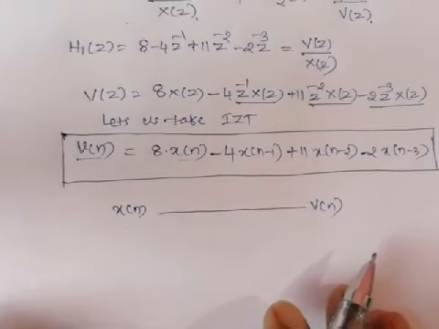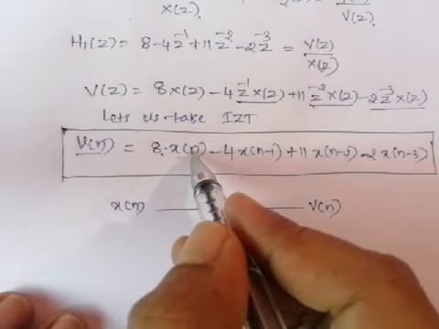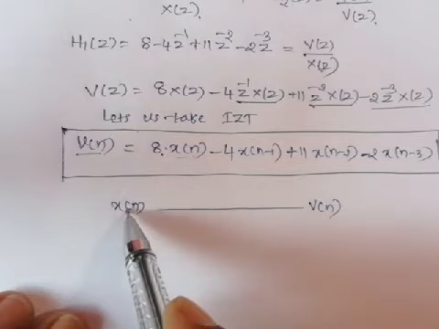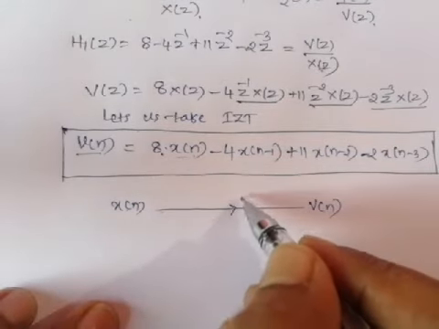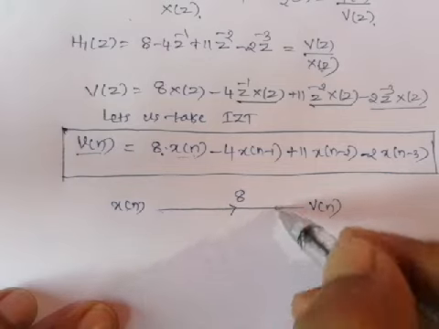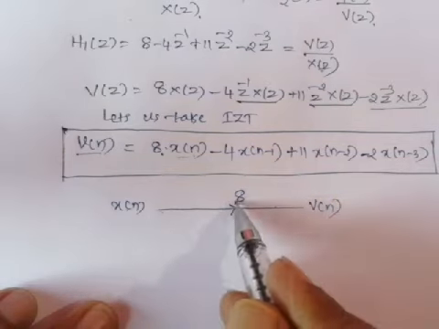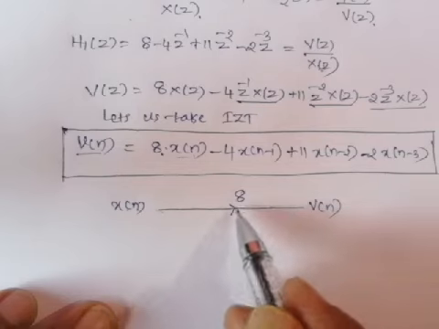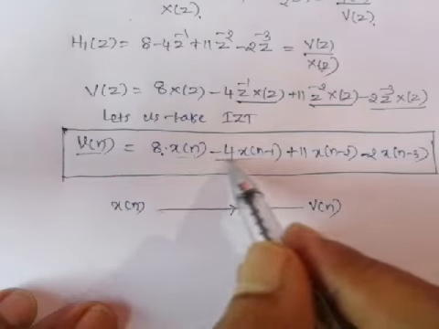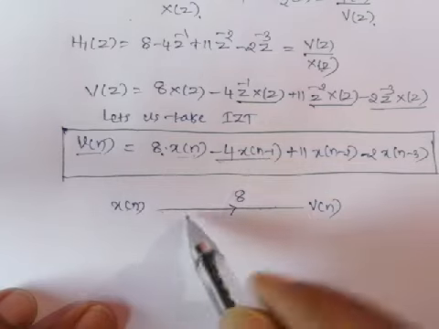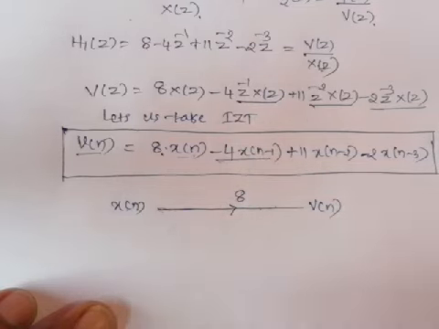Let us go step by step. First one, 8 into x of n. So x of n is multiplied by 8, and the multiplication is indicated by an arrow mark. In this stage, we are getting 8 into x of n. Next, x of n is delayed by one time.